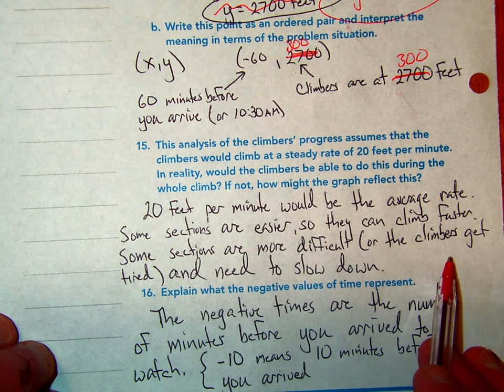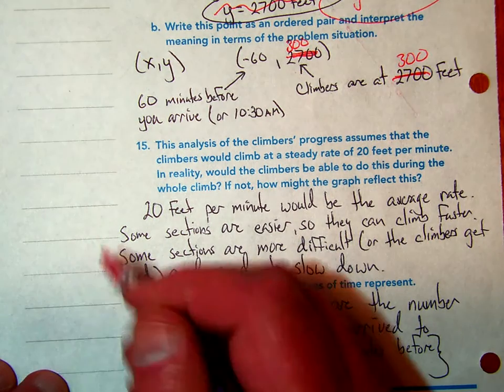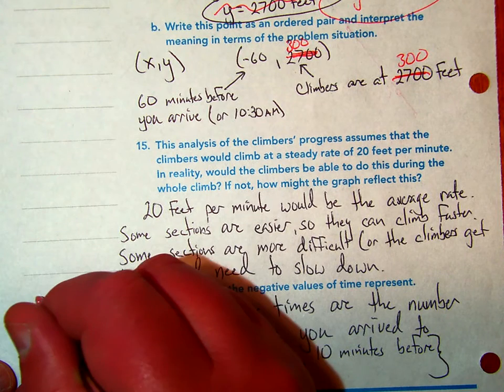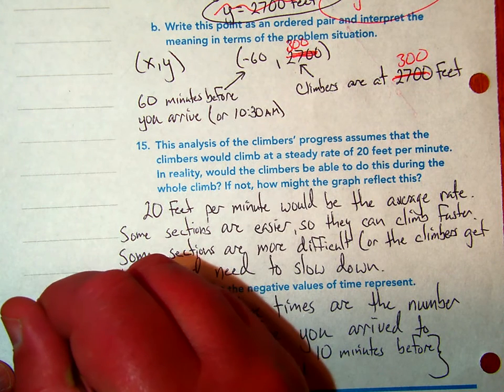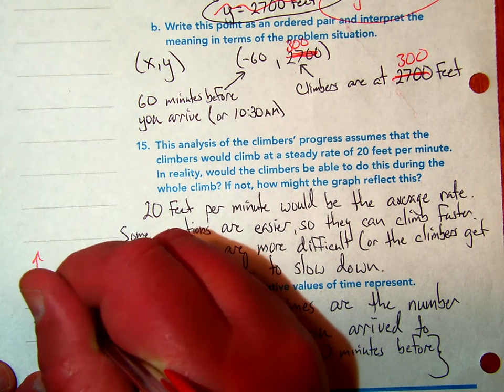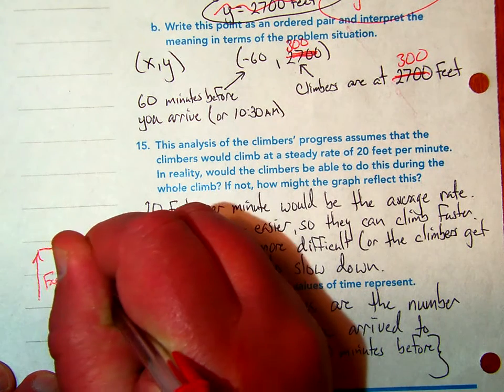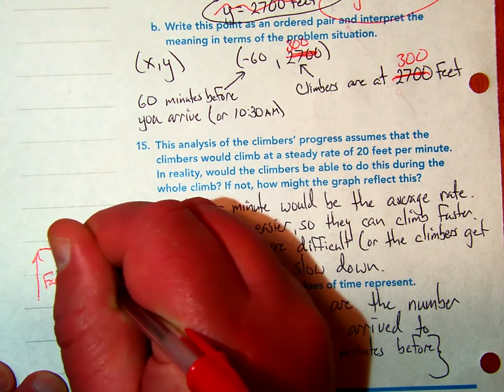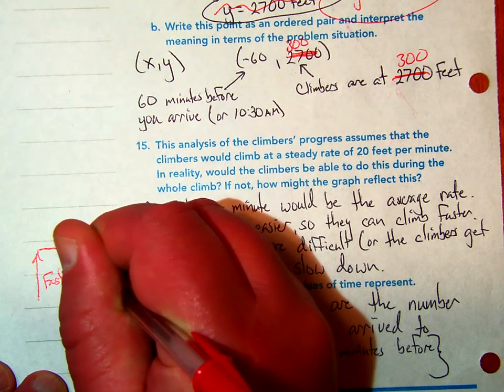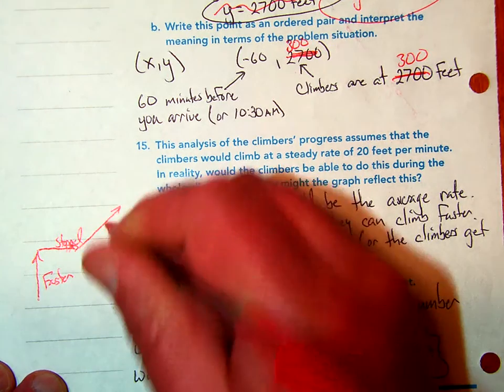In actuality, as they sped up, it would give us a steeper graph. Steeper graph would mean faster. Flat graph means they stopped. And less steep graph means slower.